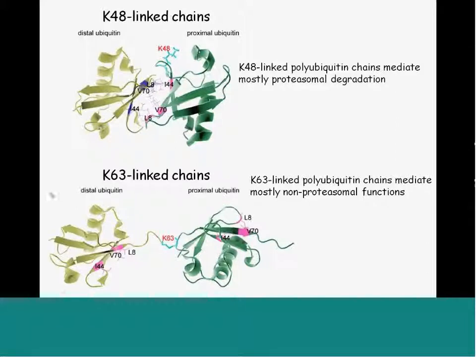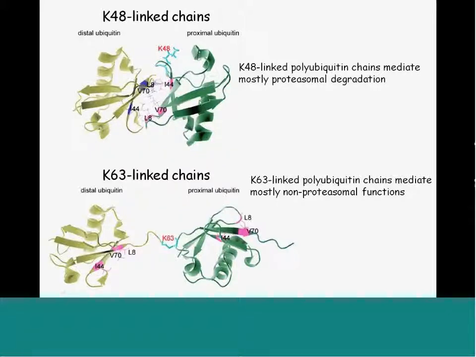Now, I talked about K48 linked chains and K63 linked chains. They're recognized by different ubiquitin binding domains typically, and part of that has to do with the structure. So K48 linked chains are very compact. So here's just an example of two ubiquitin moieties that are linked by lysine 48.